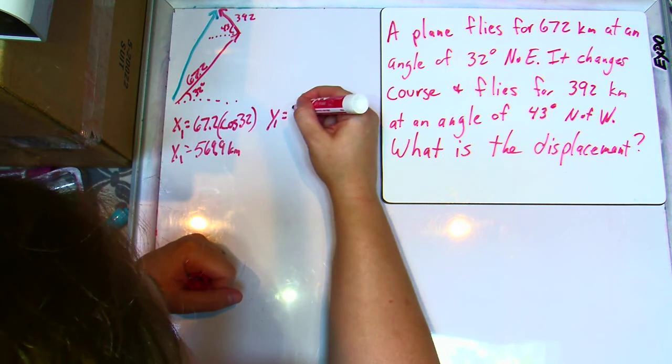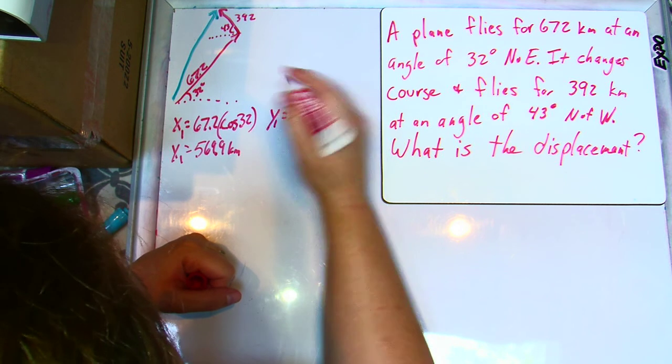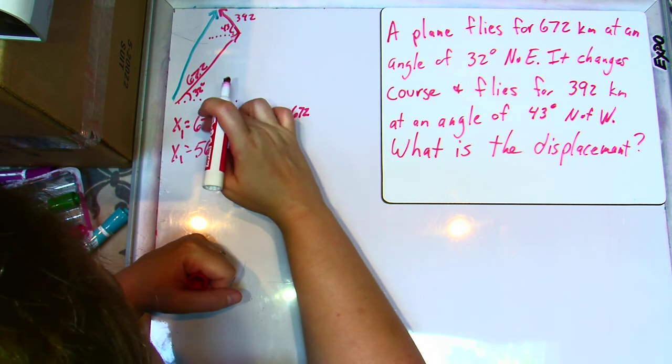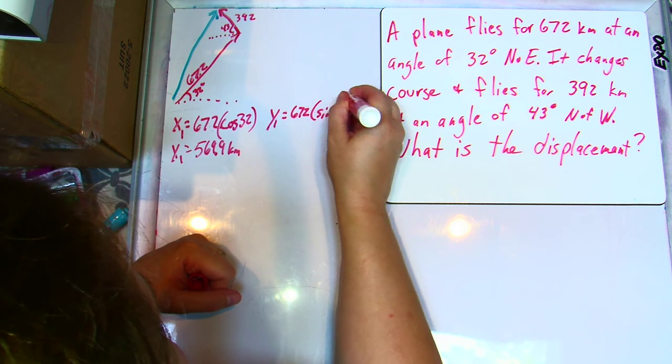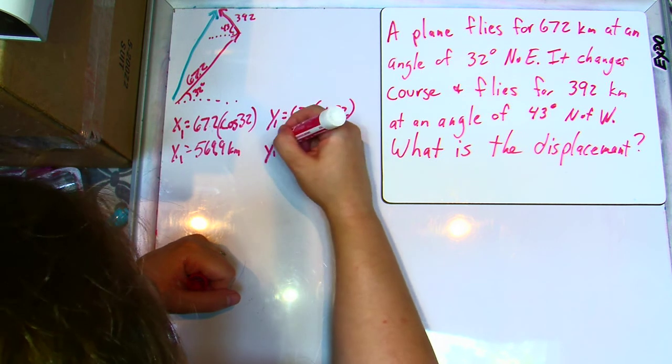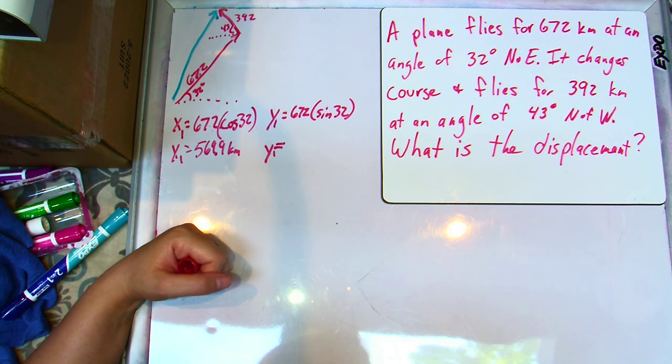Y1 would be the hypotenuse, 672 sine 32. We go through, we solve that, and we get 356.1.